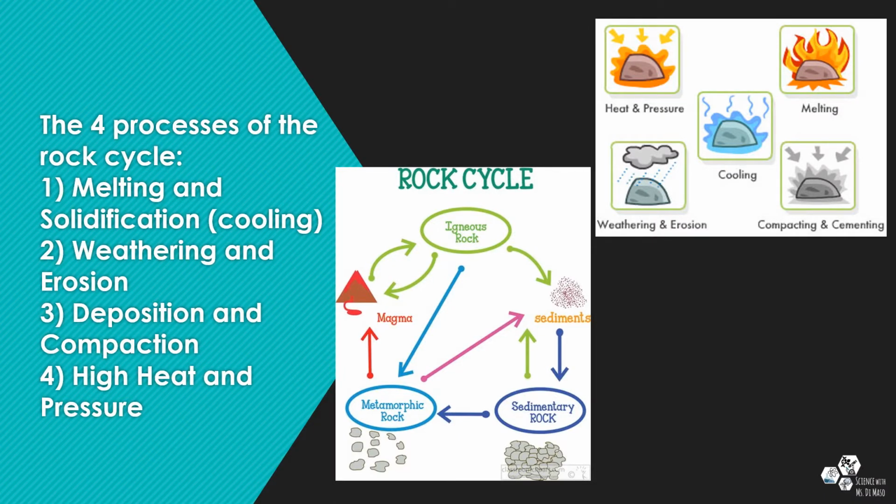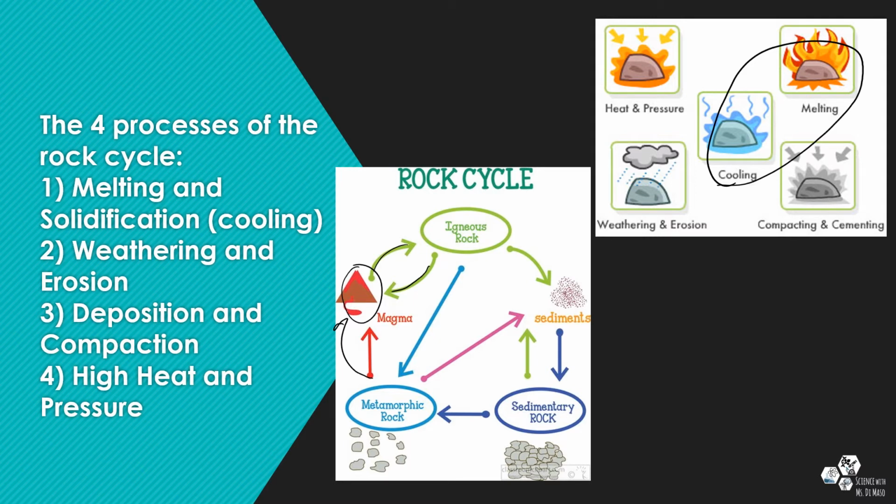So the four processes of this rock cycle, you've got that melting and cooling, where we will form our igneous rocks. So we're constantly going back and forth between melting and cooling from magma. Metamorphic rocks can melt, sedimentary rocks can melt, they all can melt and then reform as they cool into igneous rocks.